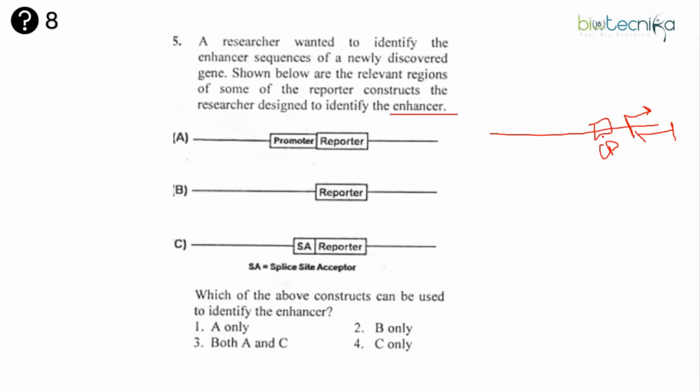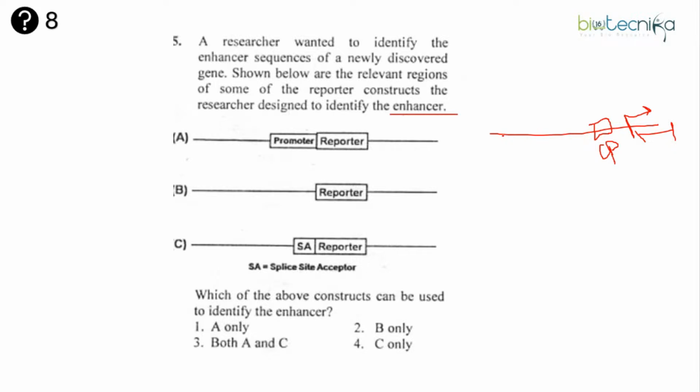It is a sequence where RNA polymerase is going to bind, assisted by the transcription factors. Transcription factors are proteins. RNA polymerase is an enzyme. But core promoter, when I say promoter, it is a sequence.